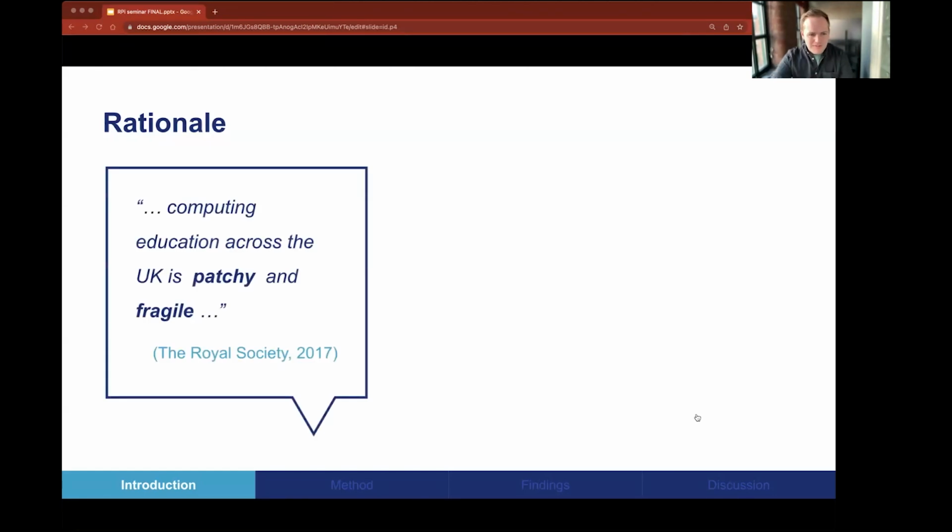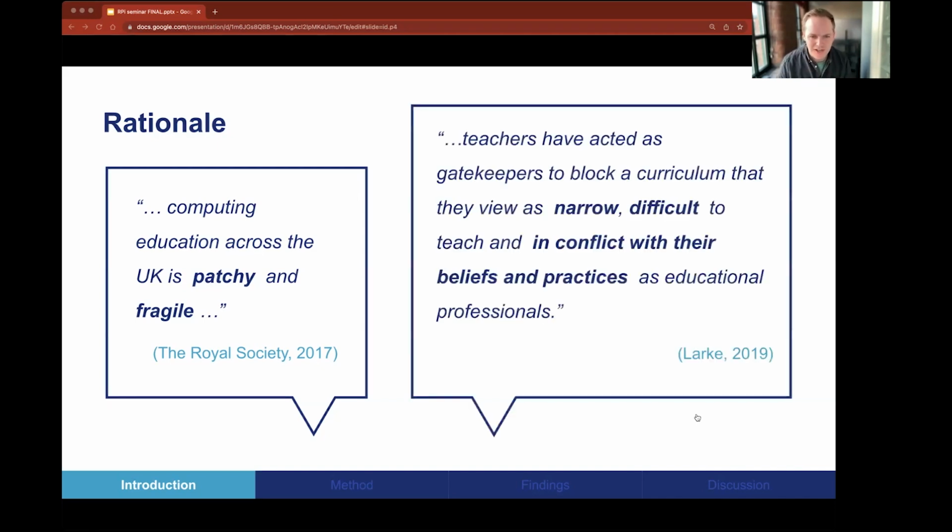If we look at some of those reports I mentioned, a couple of years after the introduction of the computing curriculum, we had the Royal Society report, which surveyed teachers and looked at how the curriculum had been instantiated into practice. One quote stood out to me, that the implementation had been patchy and fragile.